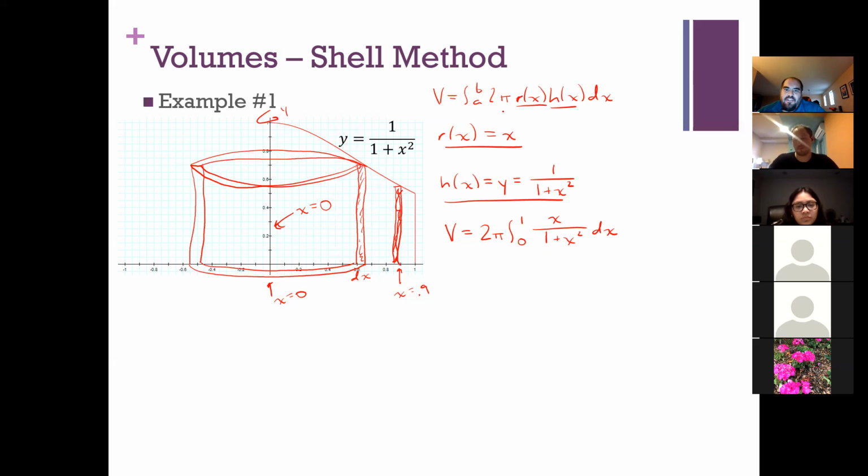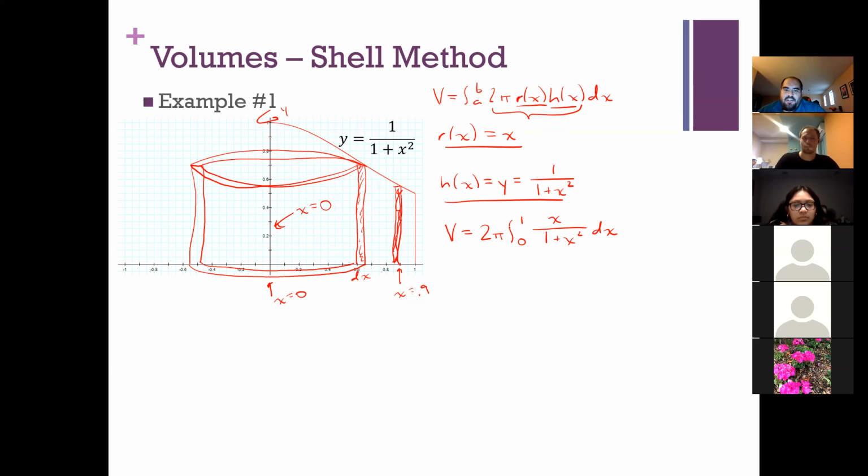But if we go back to this setup here, this right here is the area of the circular face, or no, sorry, the rectangular face of the cylinder, that 2 pi RH. Sorry, I wasn't being clear. I was ignoring 2 pi. I was just referring to x over 1 plus x squared.